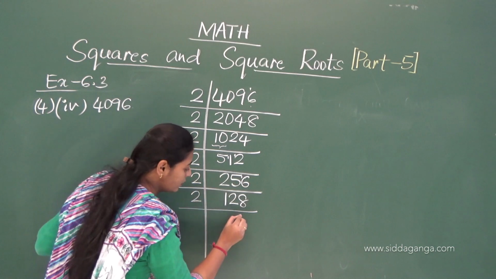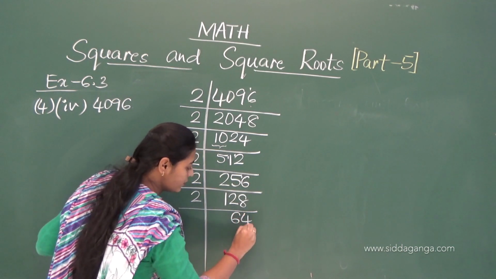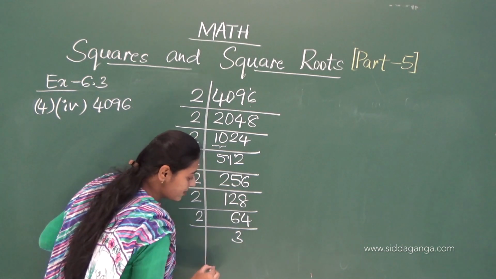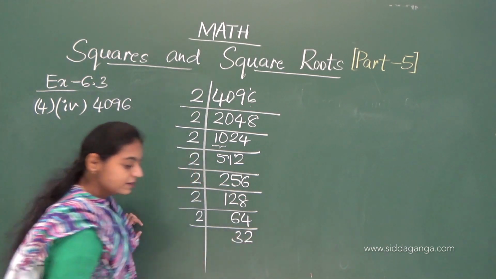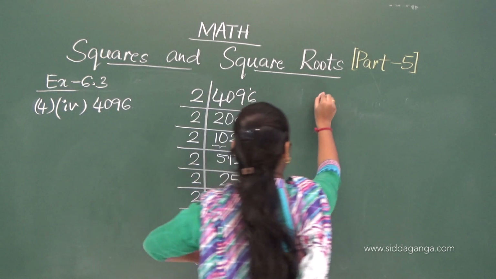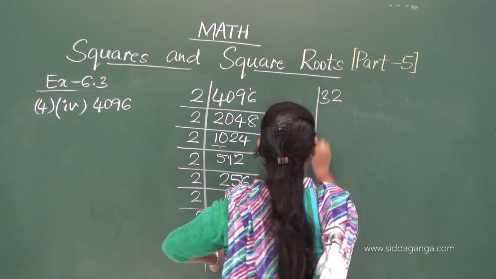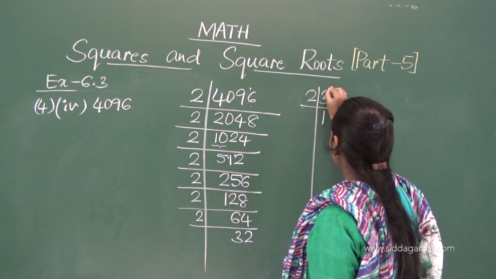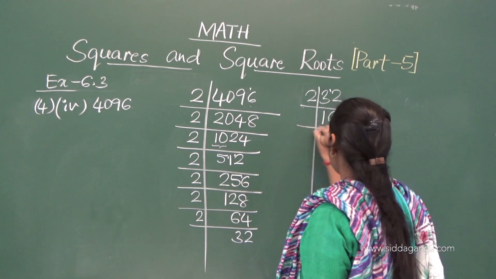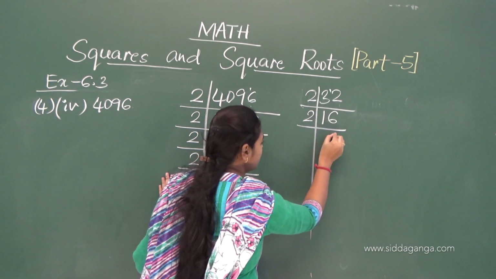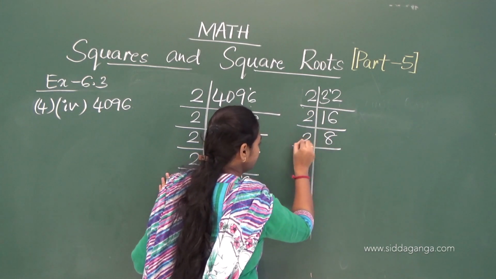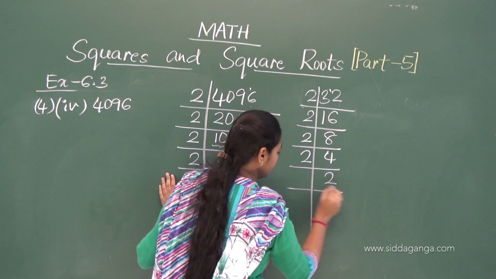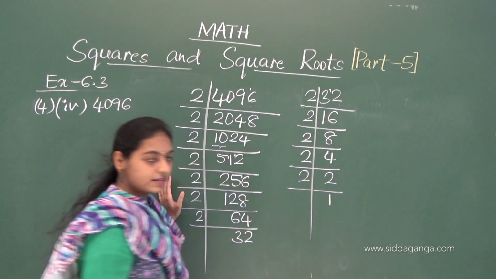Again 2, 2 6s are 12, 2 4s are 8. Again with 2, 2 3s are 6, 2 2s are 4. Next continue this. Again with 2, 2 1s are 2, 12, 2 6s are 12. Next 2 8s are 16, 2 4s are 8, 2 2s are 4 and next 2 1s are 2.